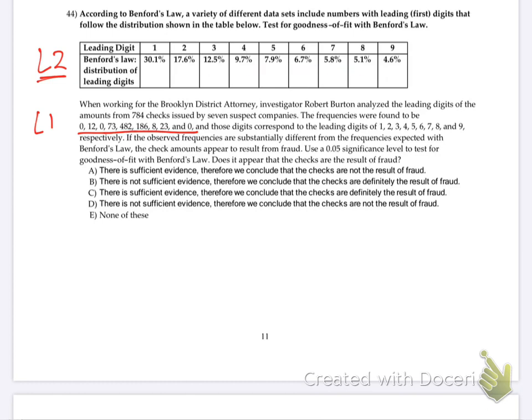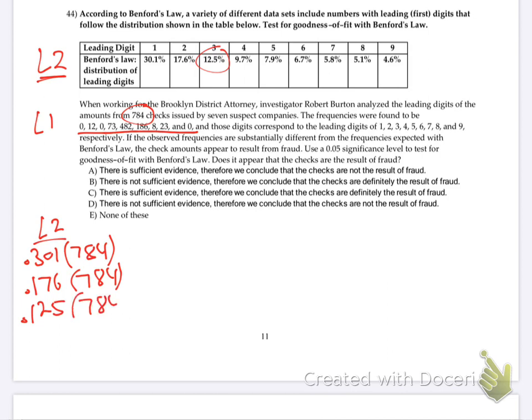Okay, so what's L2 going to be then? L2 is going to be 0.301 times the total number of checks, 784. And the next one is 0.176 times the total number of checks, 784. And then 0.125 times the total number of checks, 784. And 0.097 times the total number of checks, 784, etc. Put those in L2.